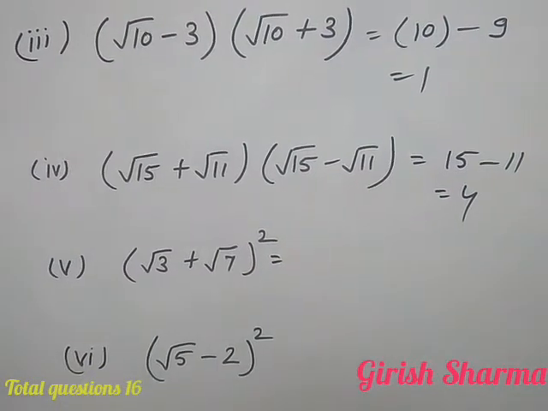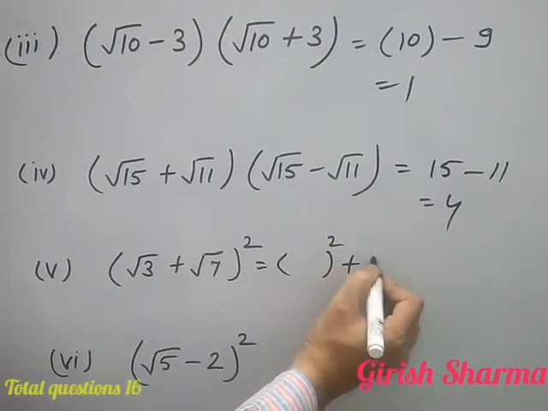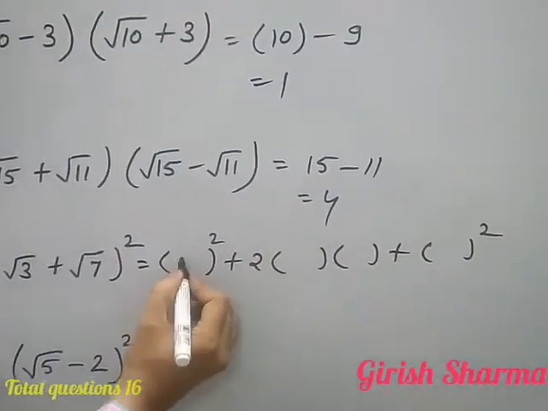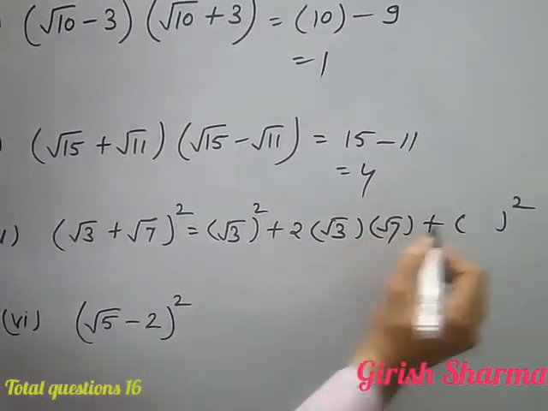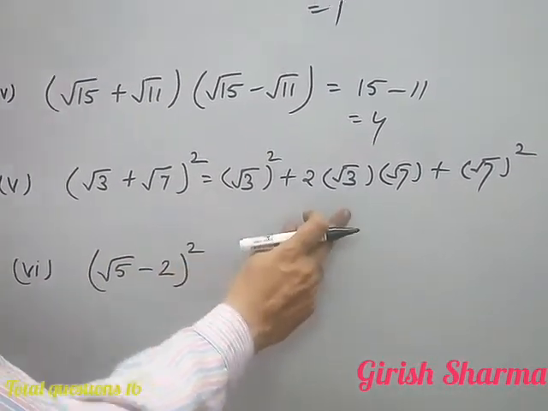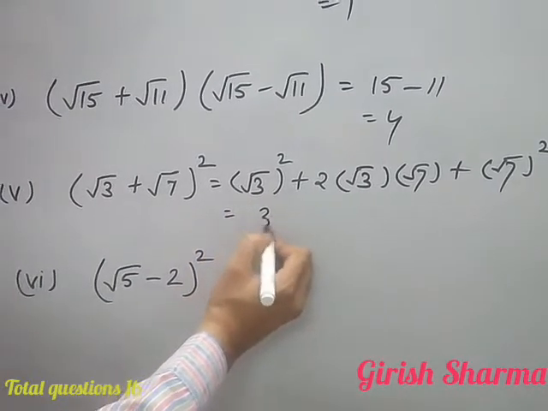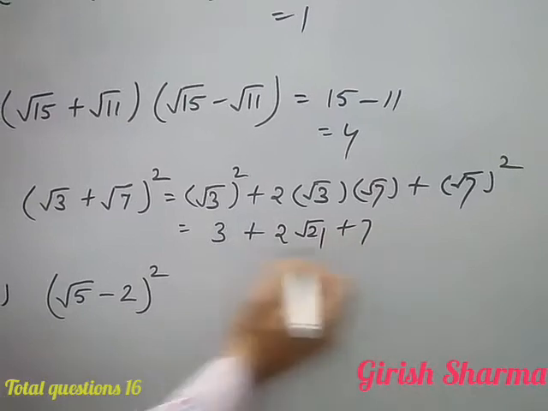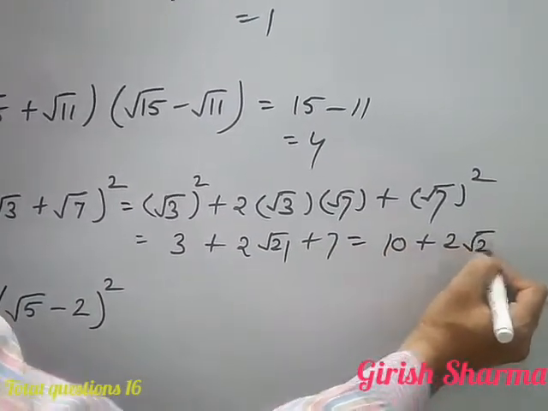This is a plus b whole square. So a square plus 2ab plus b square. a is root 3, b is root 7. See here, root 3 square plus 2 root 3 into root 7 plus root 7 square. Root 3 square is 3, 2 root 21, plus 7. 7 plus 3 is 10 plus 2 root 21.